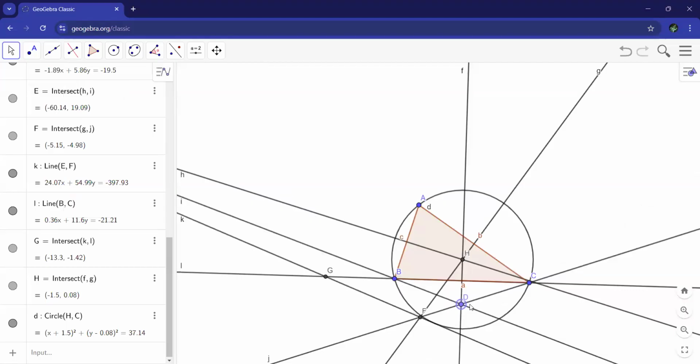So any other conjectures for what G could be? It's some specific point that is not dependent on D at all.